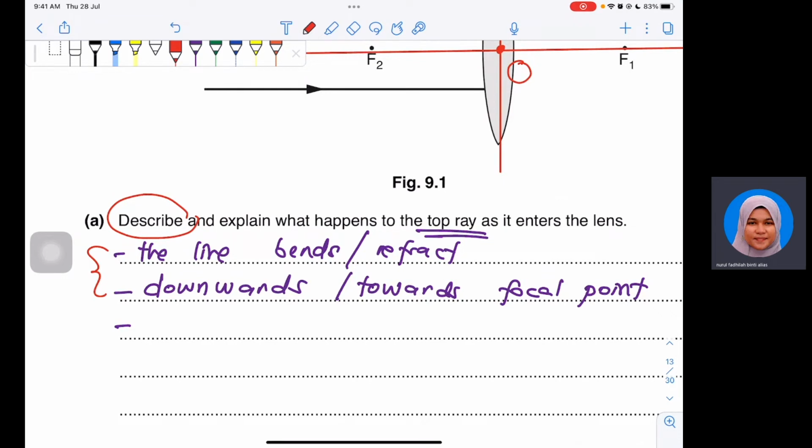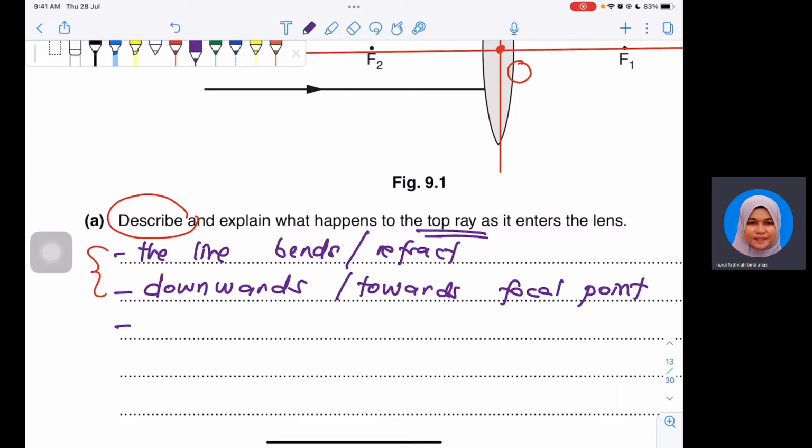Why is it bending? Why is it bending downwards? So there must be an explanation for that. Right? For example, there must be an explanation.